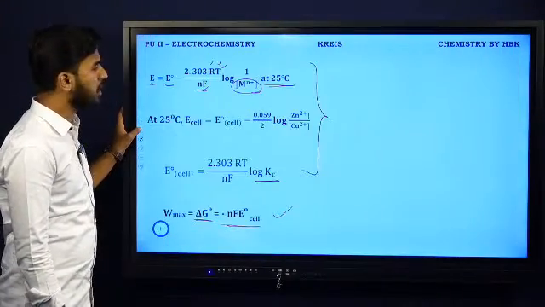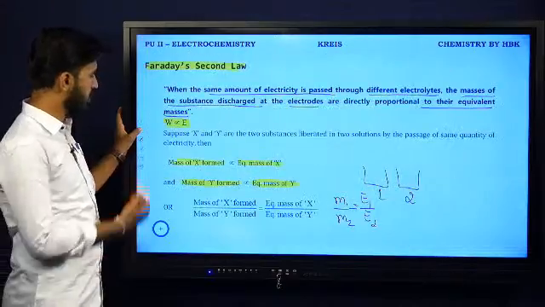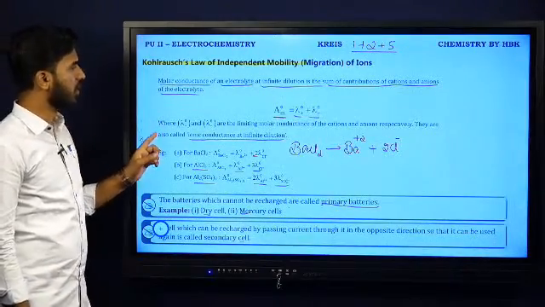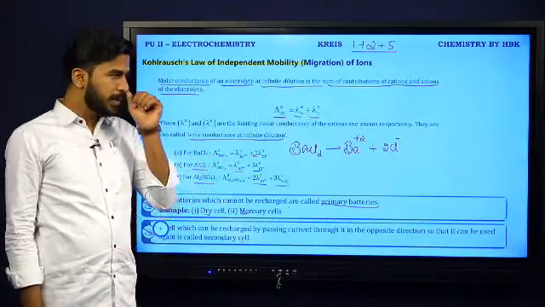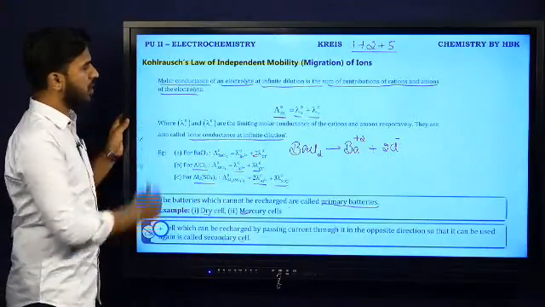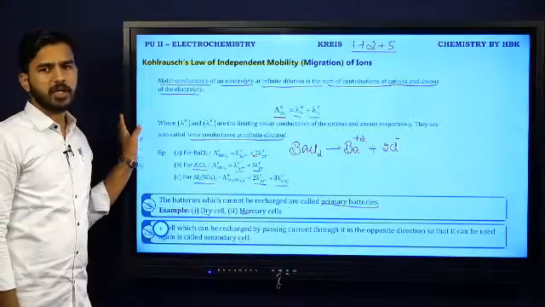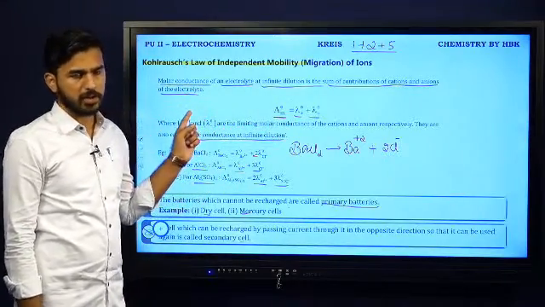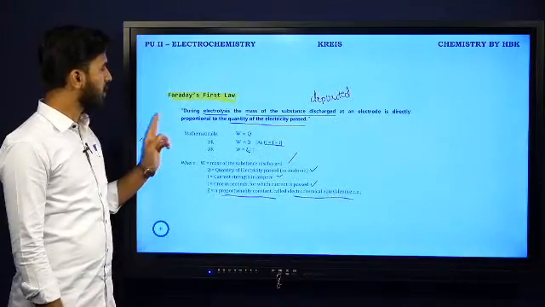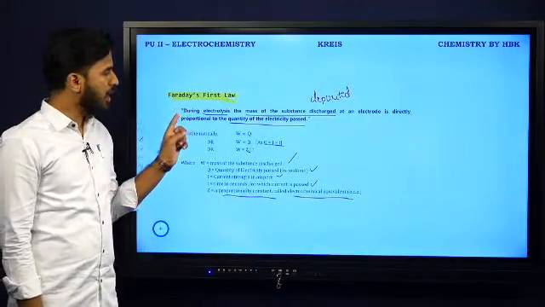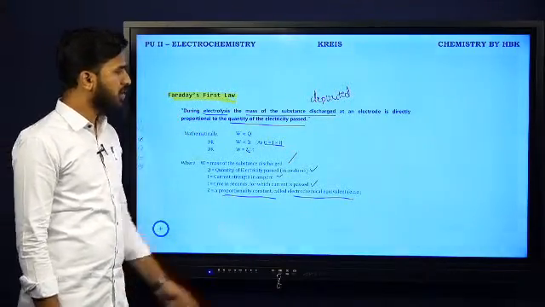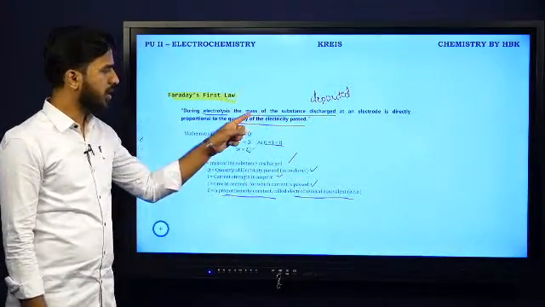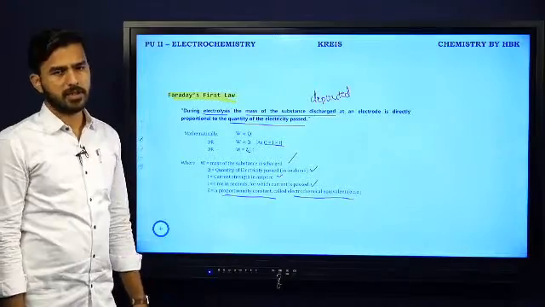So this is about electrochemistry, simple definitions. In electrochemistry we started the discussion with Kohlrausch's law of migration. Kohlrausch's law: molar conductance of an electrolyte at infinite dilution is the sum of contributions of cations and anions. After Kohlrausch's law we discussed Faraday's first law. According to Faraday's first law, the mass of the substance discharged is directly proportional to the quantity of electricity passed.